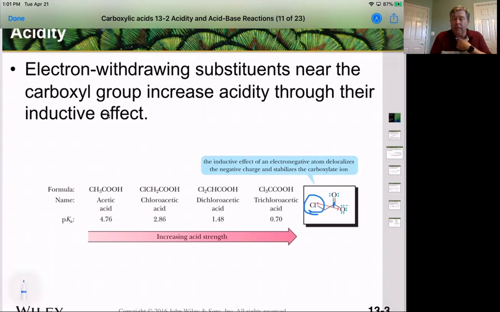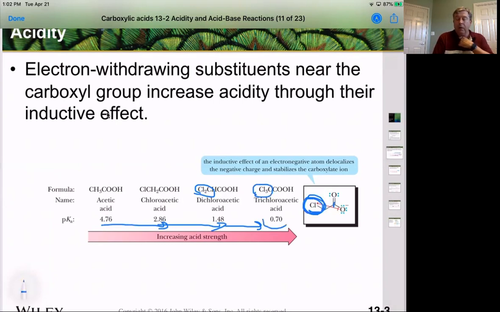So if a single electron withdrawing group on that carbon can increase the acidity by almost 2 points here, adding a second electron withdrawing group reduces it again, making it even more acidic. And our pKa drops another time by adding a third electron withdrawing group here.